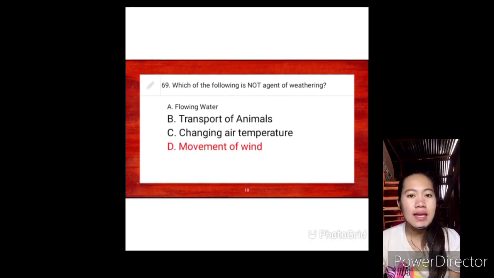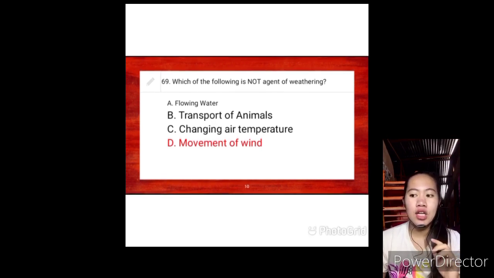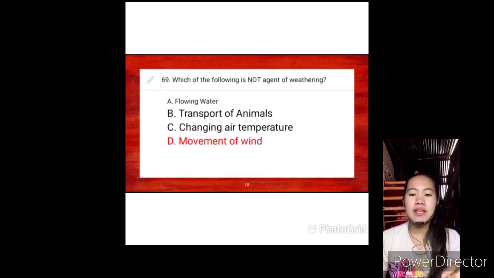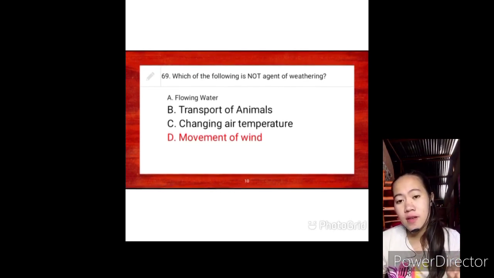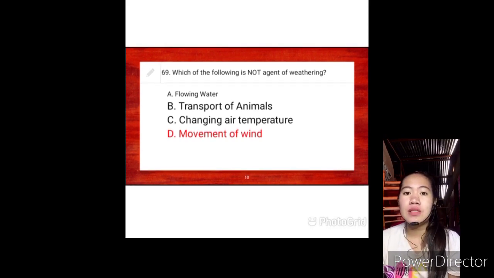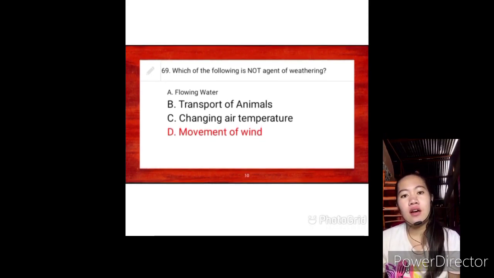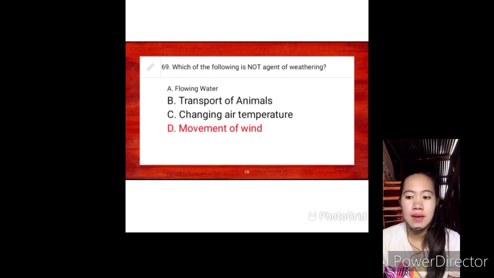And the wind is not a part of it. So the answer for this is letter D, movement of the wind. Because flowing water is one of the agents of weathering. The transport of animals is also part of the agents of weathering. And letter C, changing of air temperature, the same.